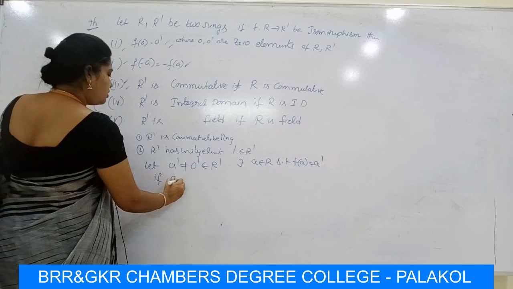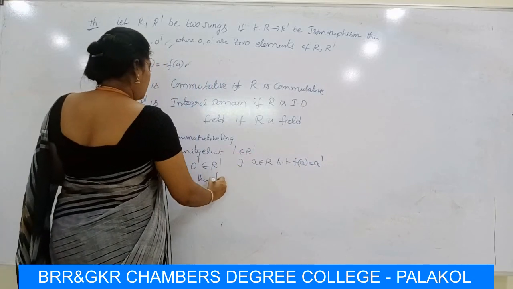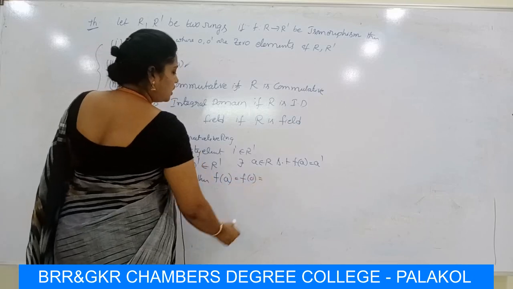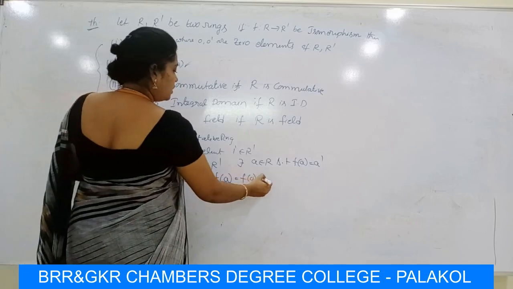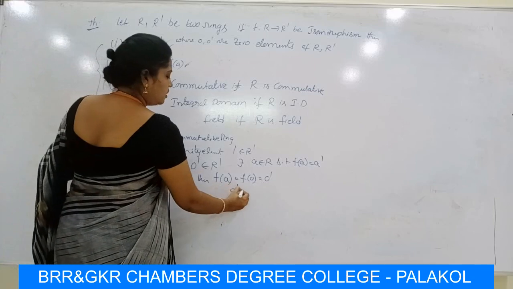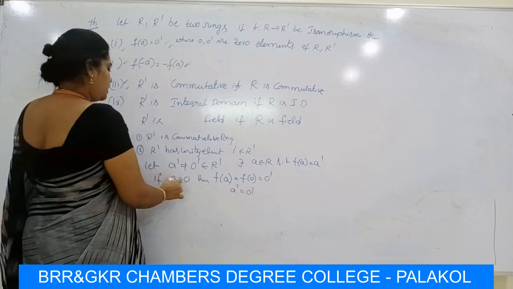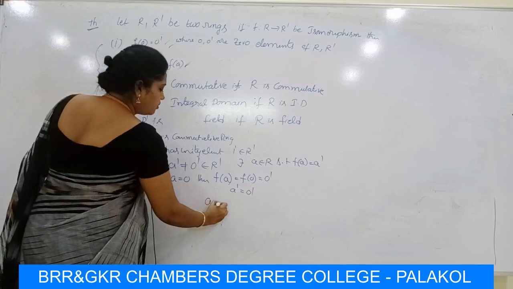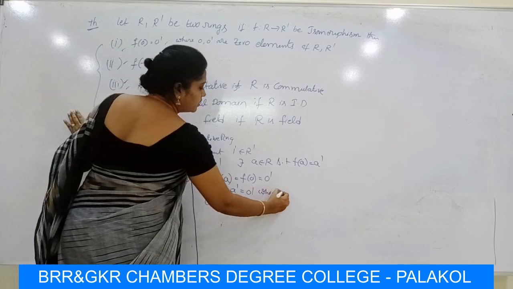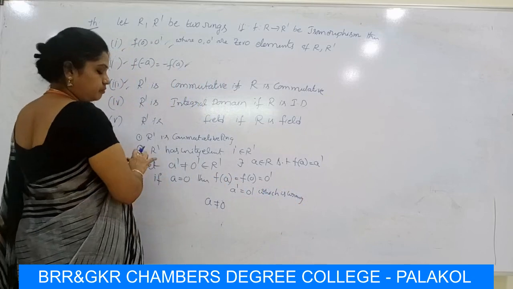Suppose a is equal to 0, then f of a is equal to f of 0 is equal to 0 dash. So a dash would be equal to 0 dash, but here a dash is not equal to 0 dash. So compulsorily a is not equal to 0, otherwise it is a contradiction.